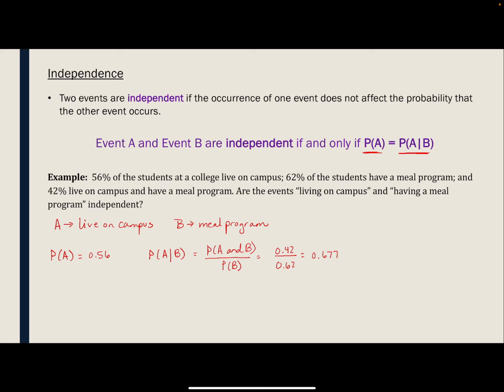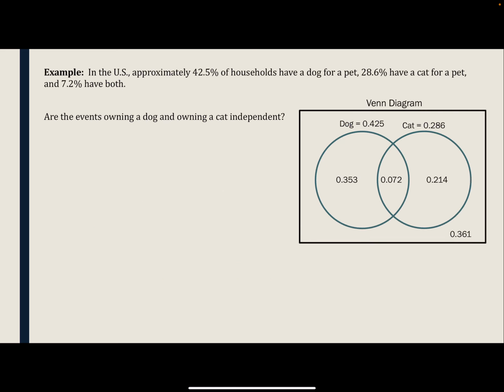So since the probability of A does not equal the probability of A given B, that would mean that A and B are not independent. Right. Having a meal program changed the probability that a student lives on campus. Let's look at another one.